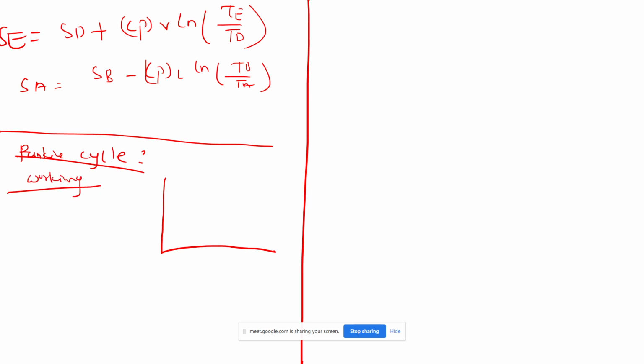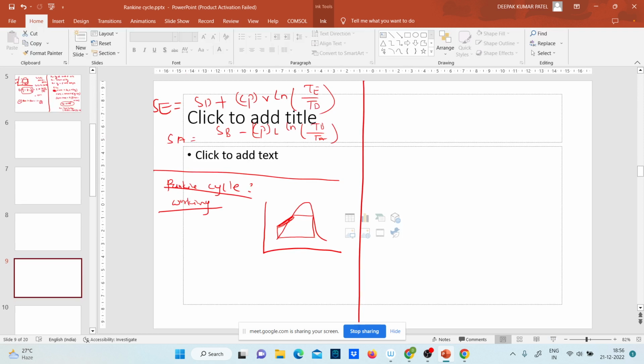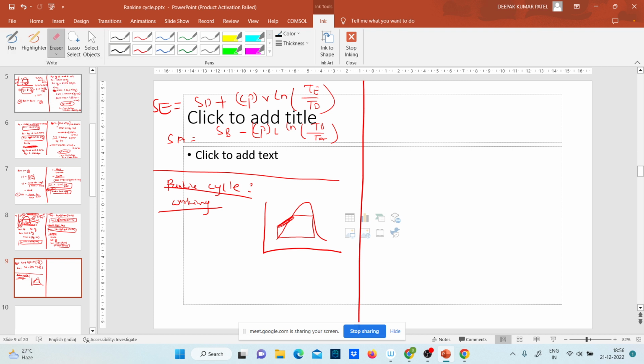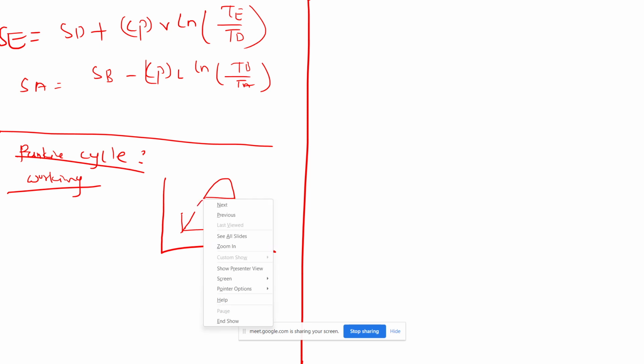So all the four processes are the same. The only difference is working fluid.